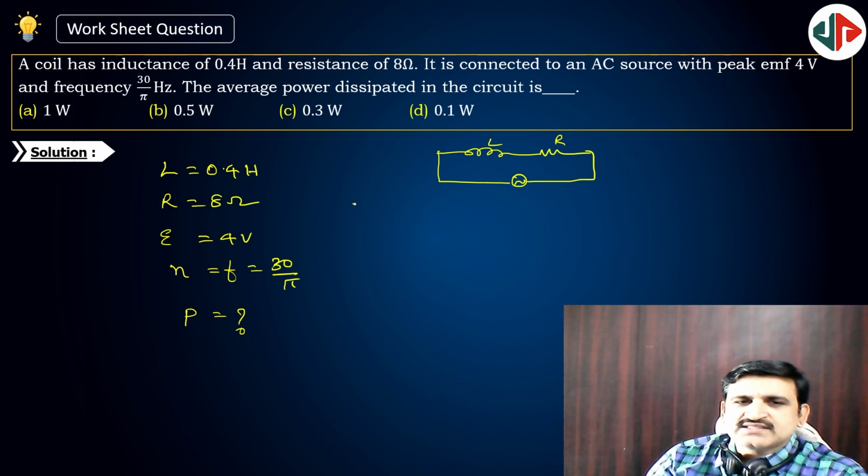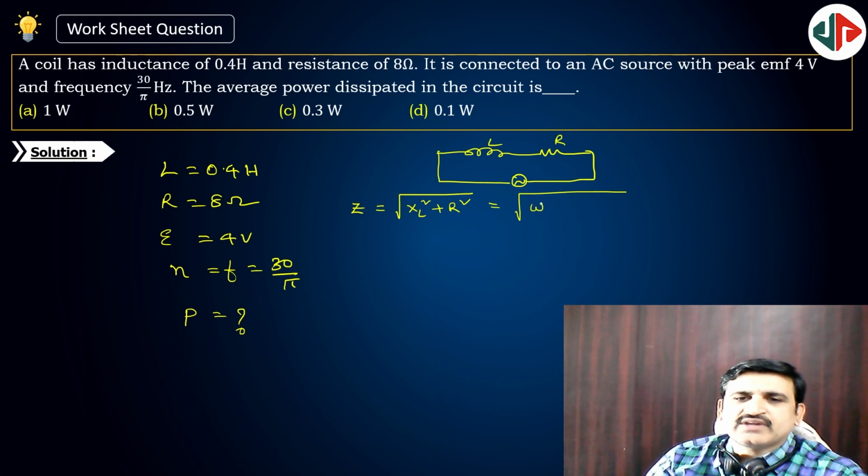So Z is equal to square root of XL square plus R square, right? Then only current will come, otherwise how can I get current? So square root of XL, omega L, square plus R square.